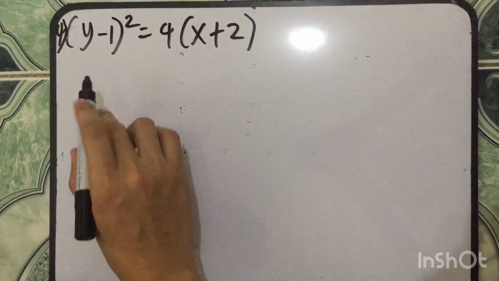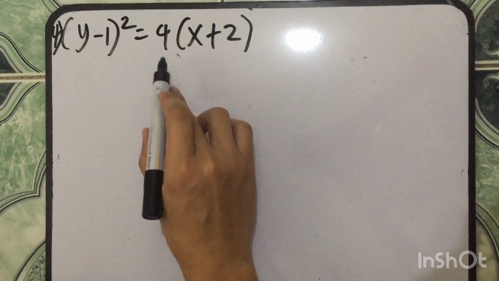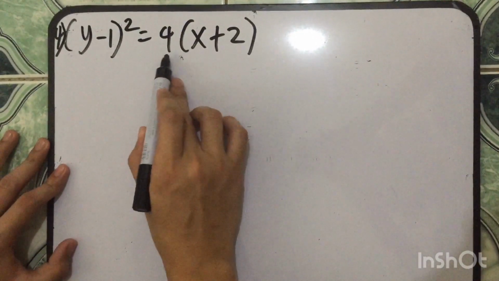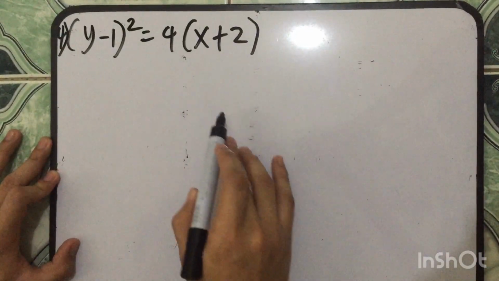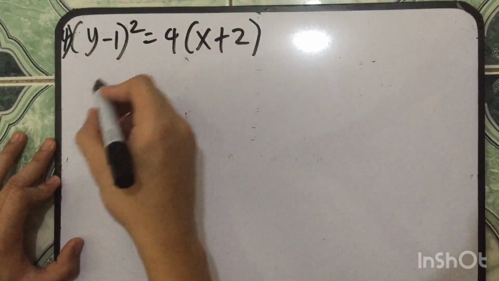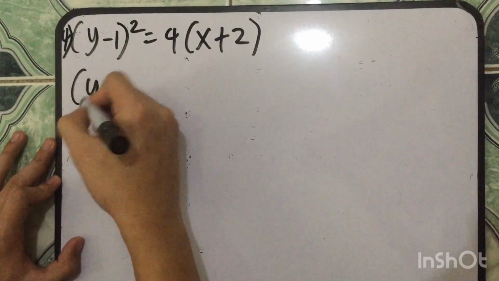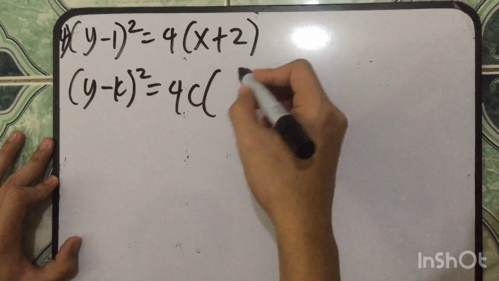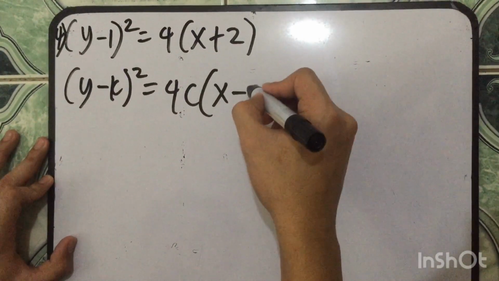Our example: (y - 1)² = 4(x + 2). So 4 is positive. It means that the parabola opens to the right. So we have (y - k)² = 4c(x - h).